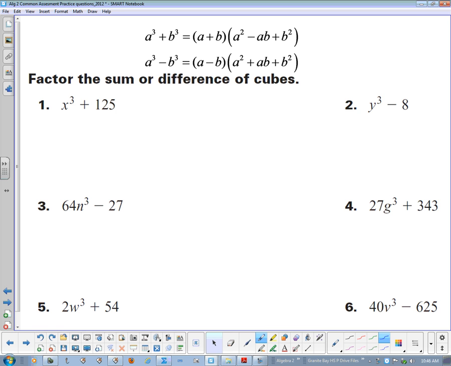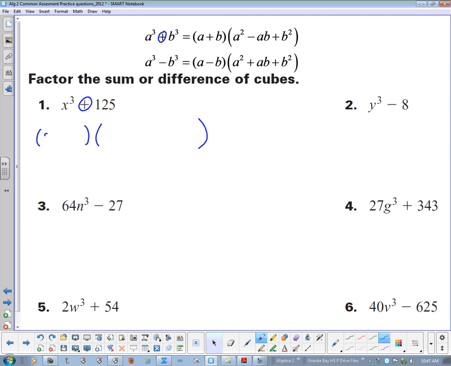X cubed plus 125. Well, first, it's a binomial times a trinomial. Since it's starting with a plus here, we're going to use this plus one. So that's going to be plus minus plus. What's the cubed root of x cubed?